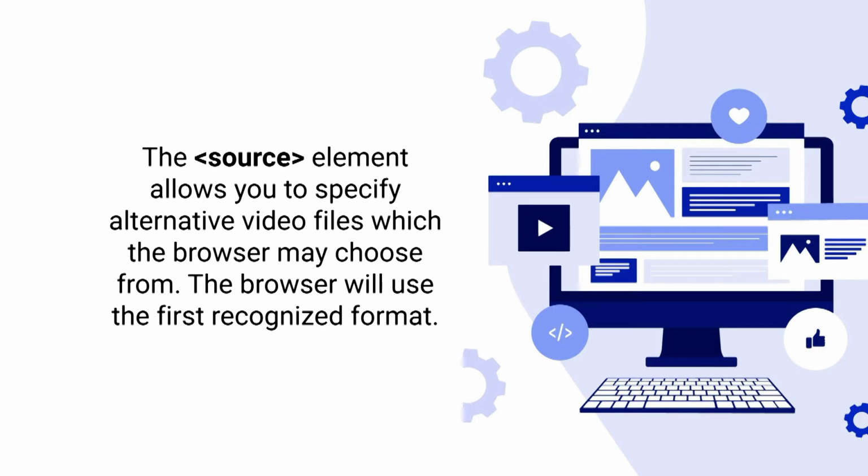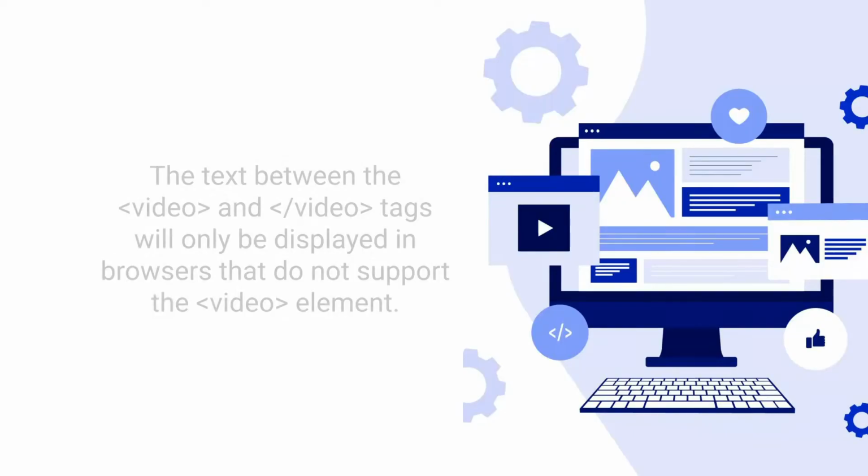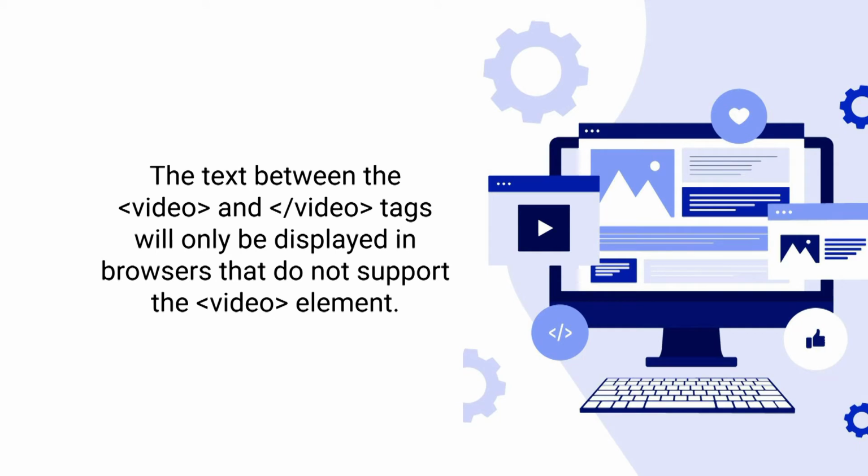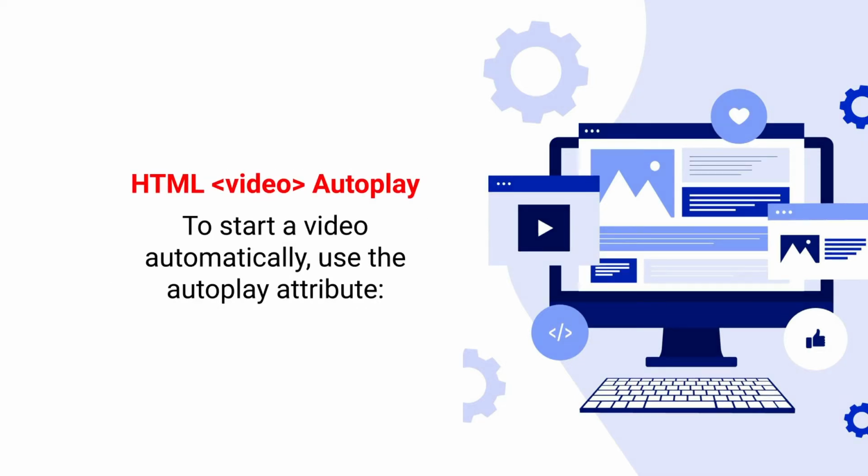The browser will use the first recognized format. That's why in this program you see two sources given, one for MP4 and another for OGG file. The text between the video tags will only be displayed if the browser does not support the video element. And to start the video automatically, use the autoplay attribute.